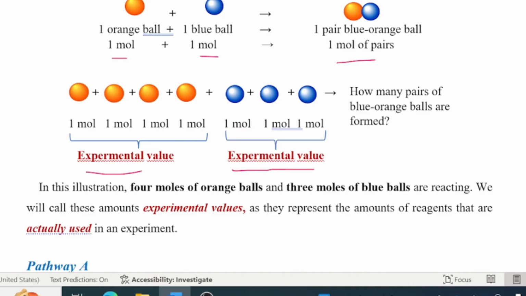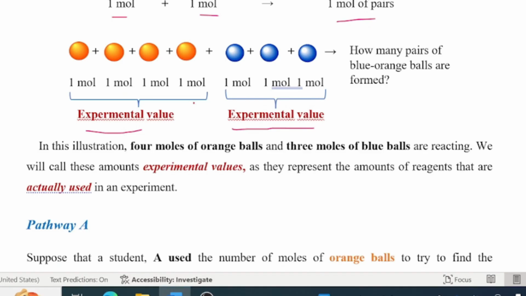If I have in a real reaction, where I'm mixing reagents, 4 moles of one reagent, that's 4 moles there, with 3 moles of another reagent, as represented by these different colored balls, I'm going to call that my experimental value. That is what you're actually using in the experiment, okay?